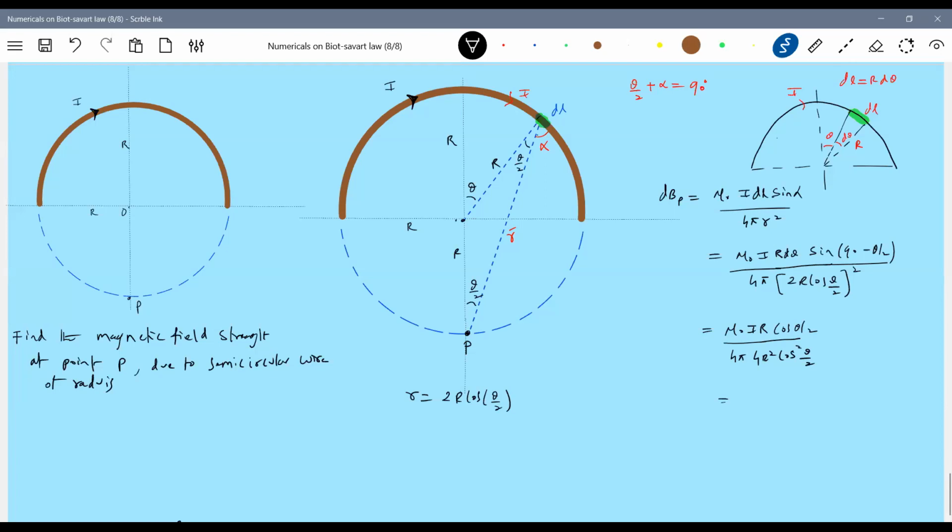One r will get cancelled, so mu naught I over 16 pi. D theta is there, no? Mu naught I.